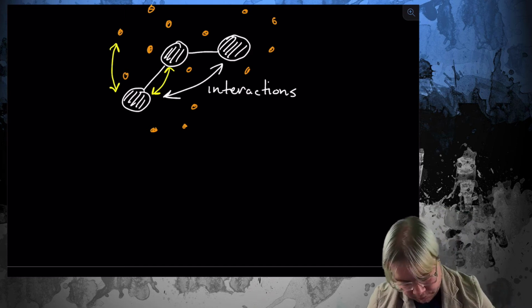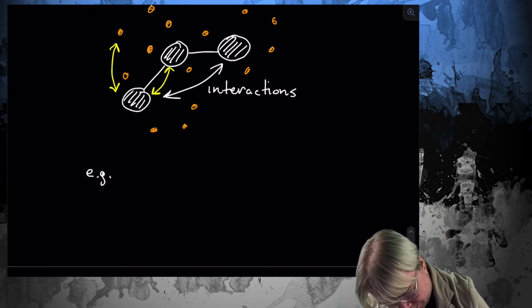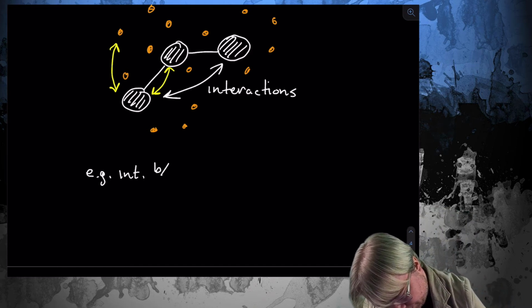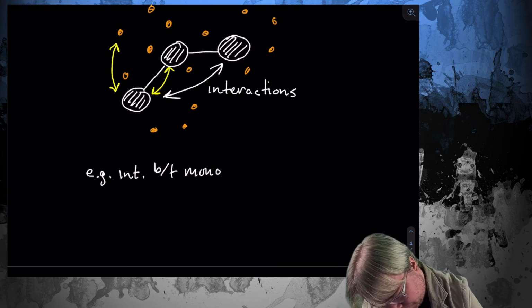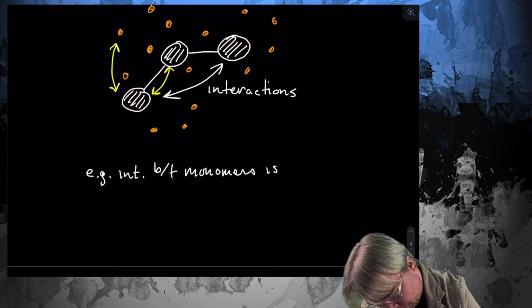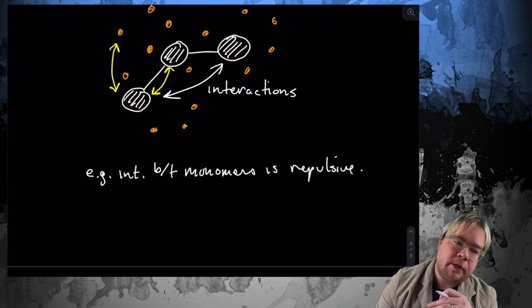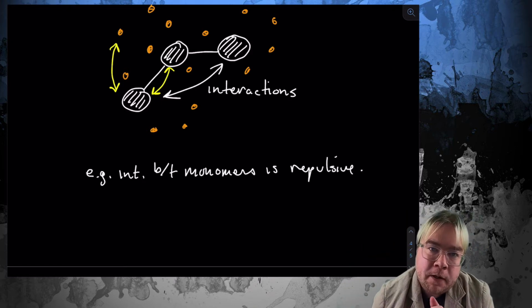For example, okay? So for example, the interaction between monomers is repulsive. That's certainly a reasonable thing to have happen.